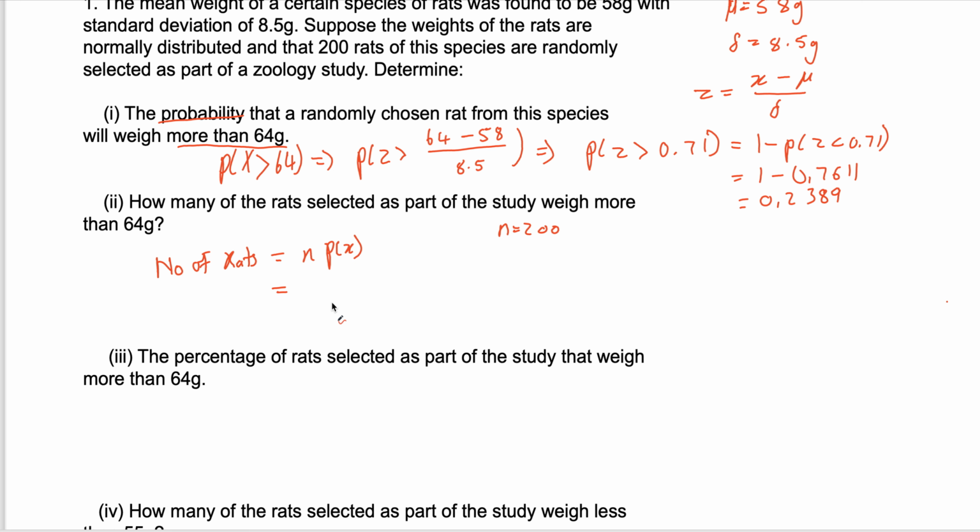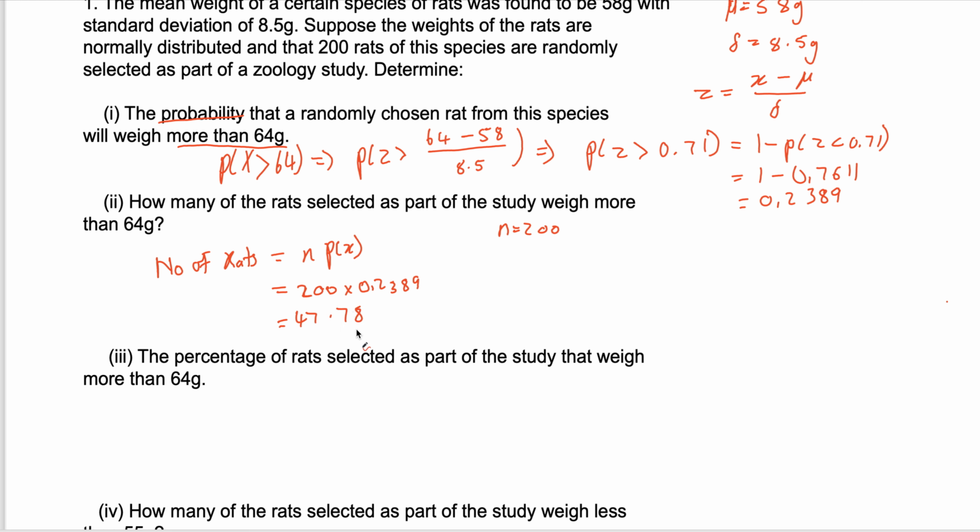So the number of rats will be 200 times 0.2389, which is 47.78.